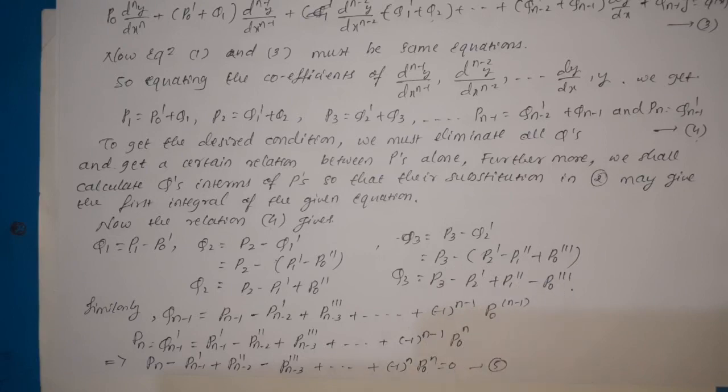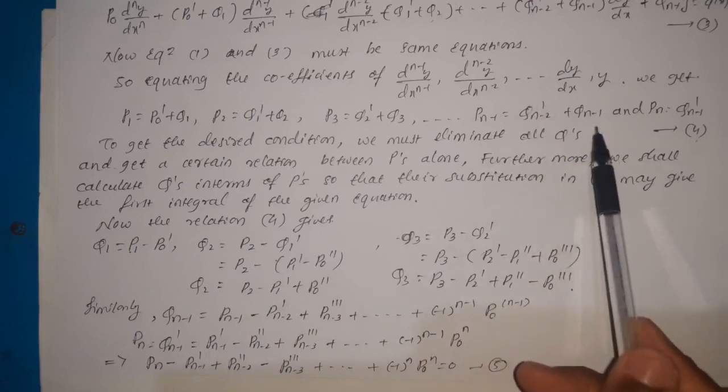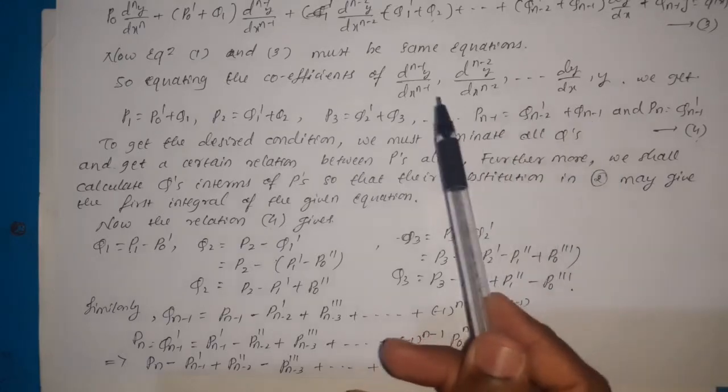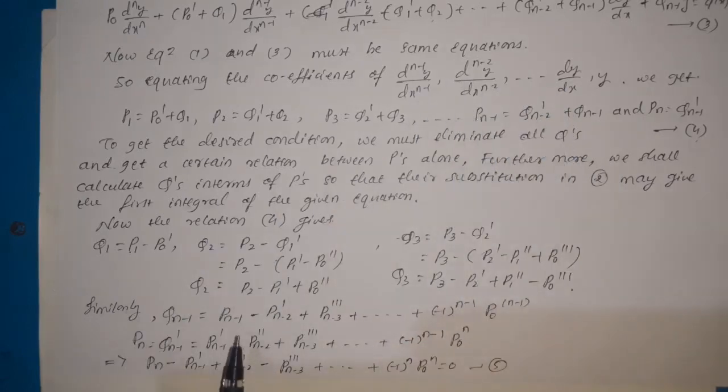Similarly, the last term qn minus 1 equals pn minus 1 minus qn minus 2 dash. We need to shift this to the LHS. Here qn minus 2's derivative is there, so we decrease n minus 1 to n minus 2 and increase the differentiation, again decrease n minus 2 to n minus 3 and increase the differentiation.